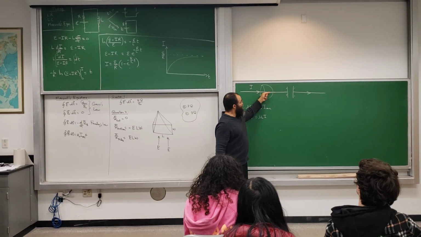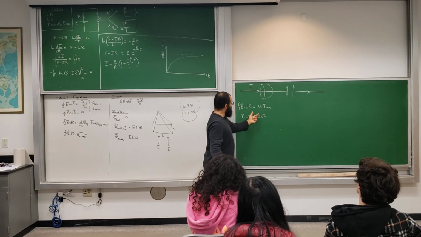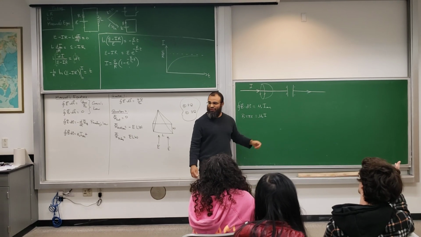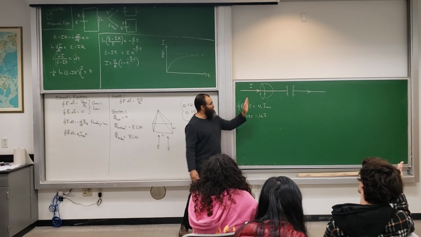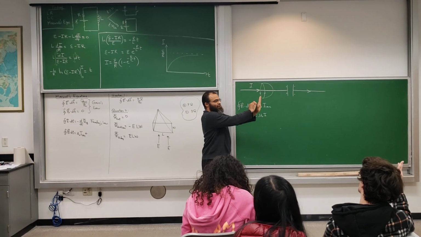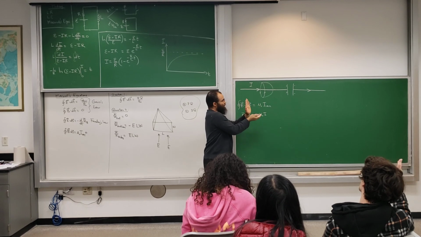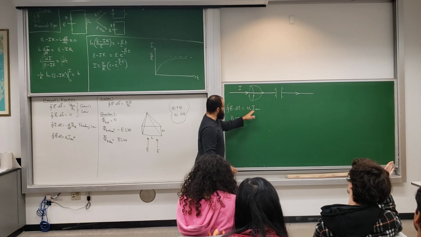Is there a current passing through this area? Yes. So the right side is still good. Hope you're following the argument. When the area was flat, the current is passing through it. Now the area is curved, but there is still current passing through it. No problem. So the right side is still okay.